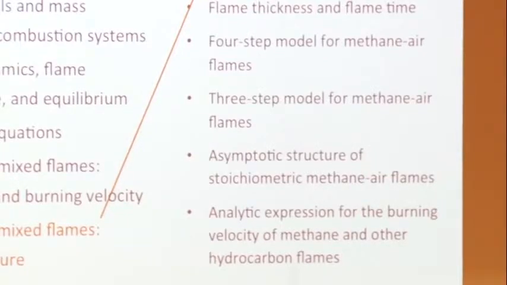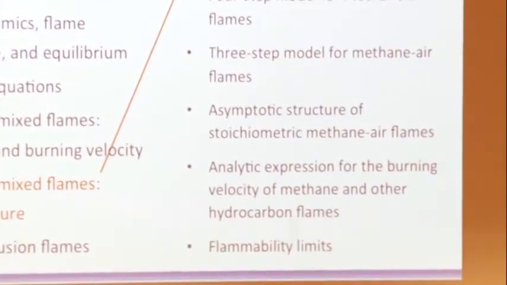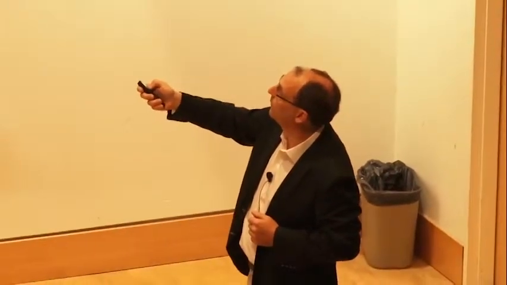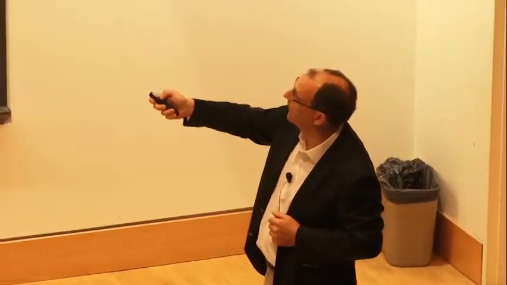And then there's an asymptotic analysis based on these multi-step chemical kinetics also, and we'll talk about this. And then at the end, we'll talk about analytic expressions for burning velocities, and then very briefly here about flammability limits, which are all a result of this analysis. So the basic core here is three things: thermal flame theory, the four-step mechanism, and the asymptotic structure here of these flames. The rest is all on the side.